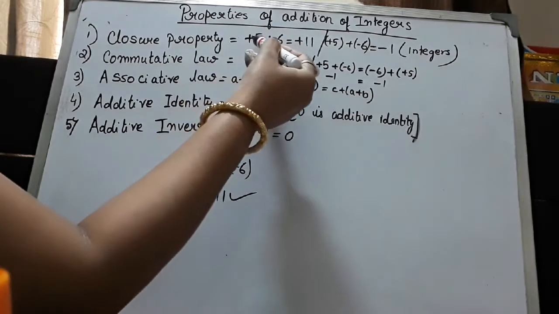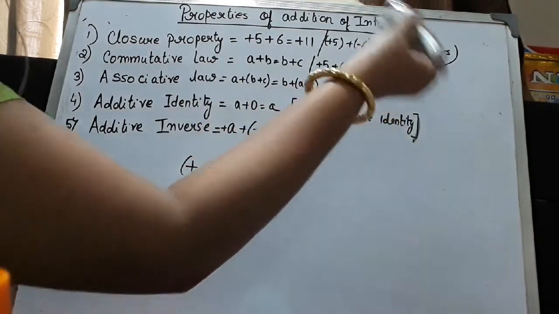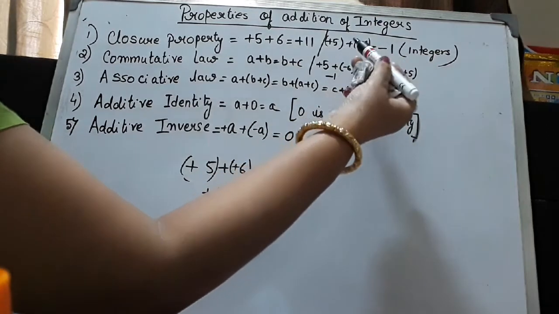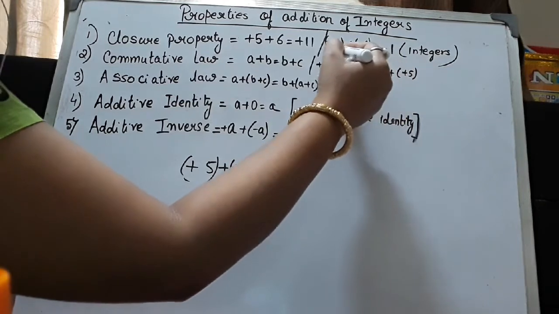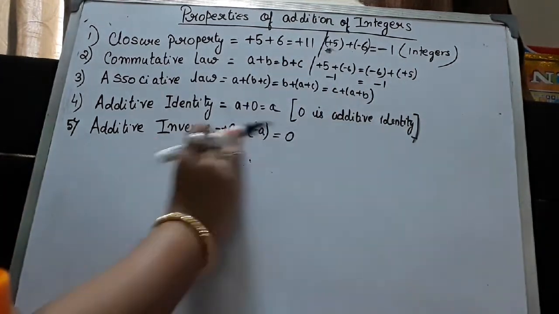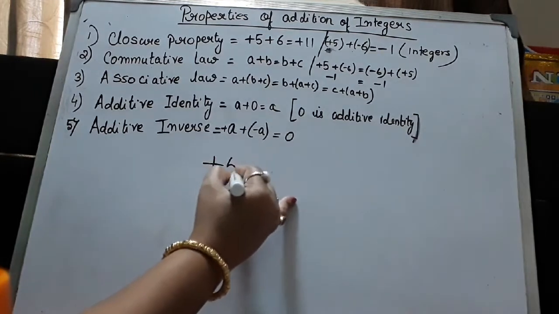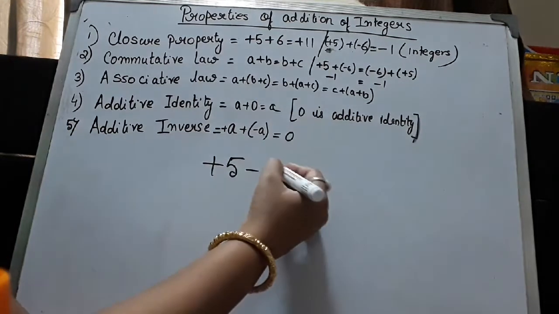See here, plus 5 plus 6, the answer is plus 11. Plus 5 plus minus 6: plus into minus is minus, as we learned in the previous video.